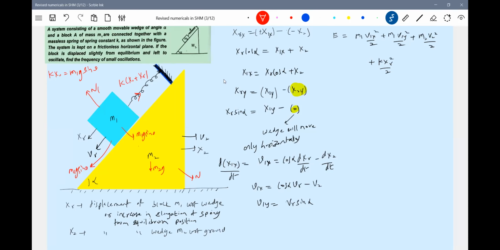All these are unknown. So I'll go for conservation of linear momentum. From the conservation of linear momentum, initially the system was at rest. So this will become m1 v1x minus m2 v2. What is v1x? V1x equal to vr cos theta minus v2, minus m2 v2.